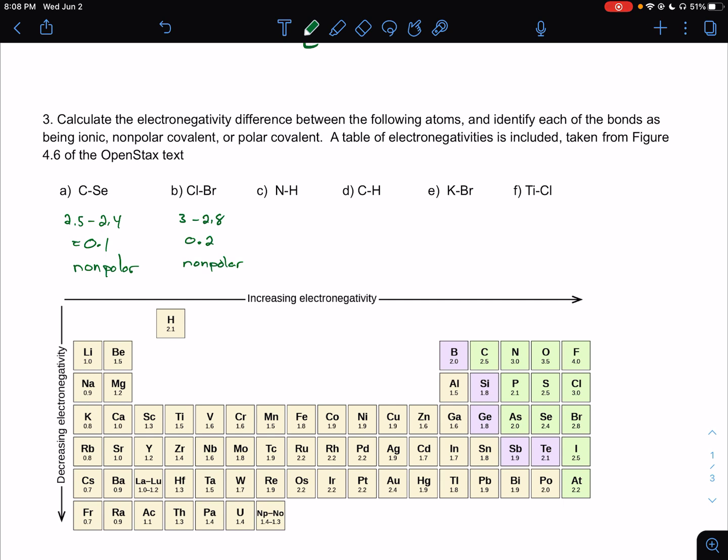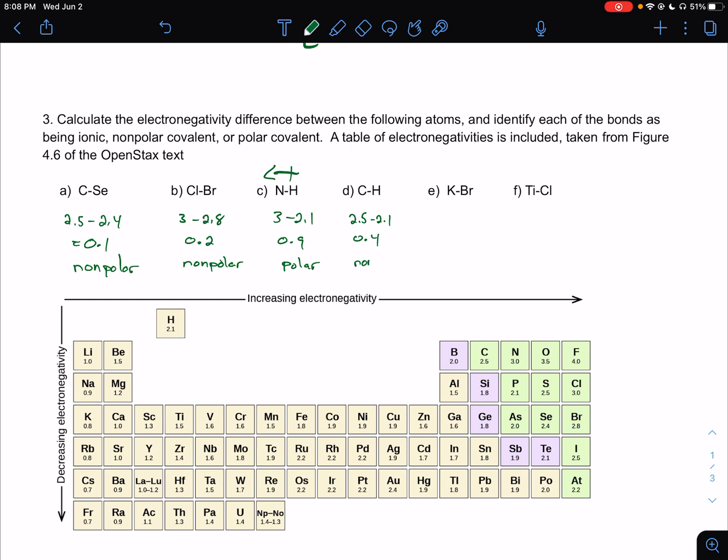Now we have nitrogen, hydrogen. So nitrogen is 3 minus 2.1, 0.9. So this is polar. And if we were to draw the dipole arrow, it's polar towards the nitrogen. Carbon hydrogen ends up being 2.5 minus 2.1, 0.4.